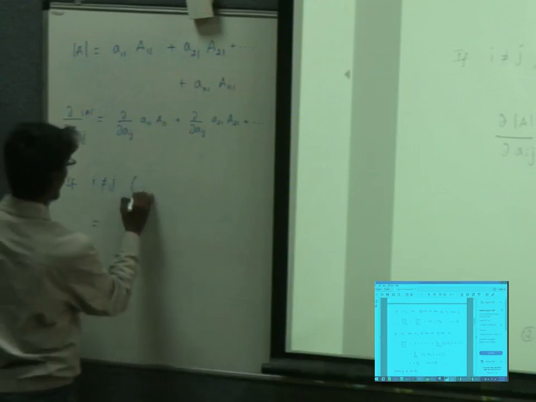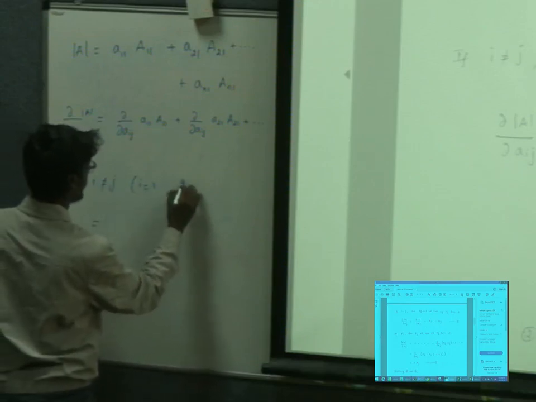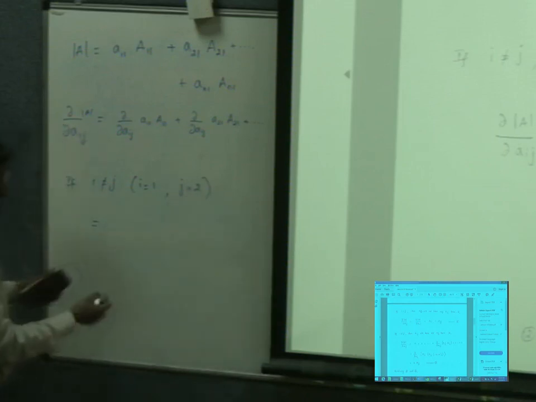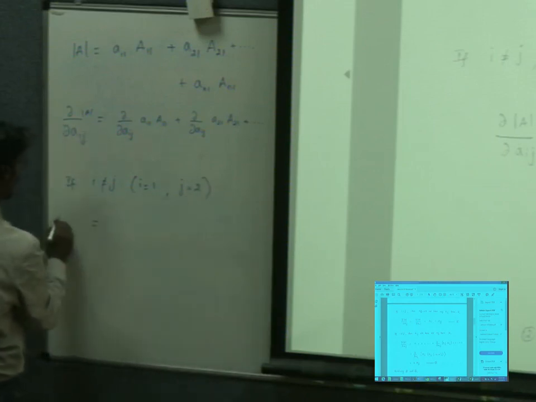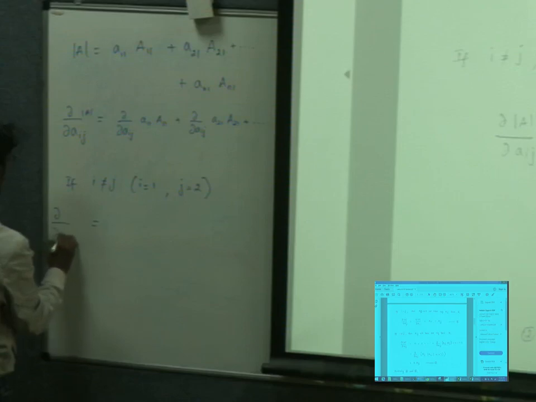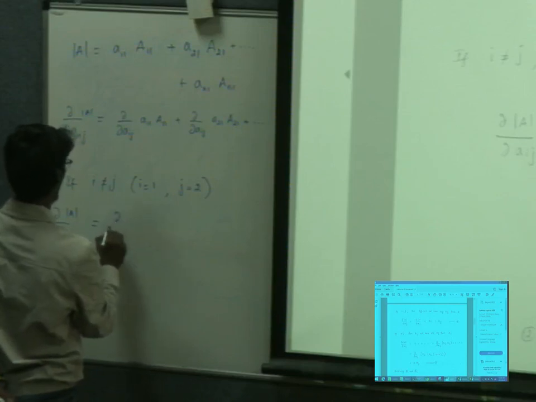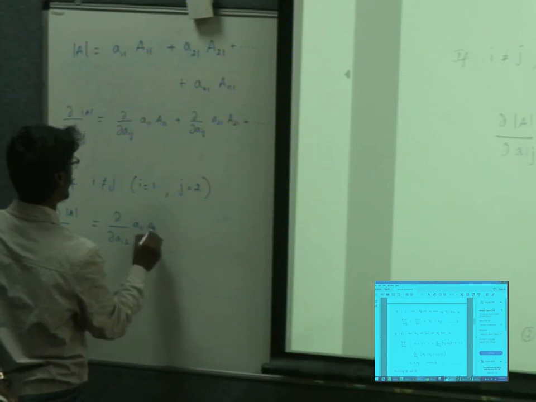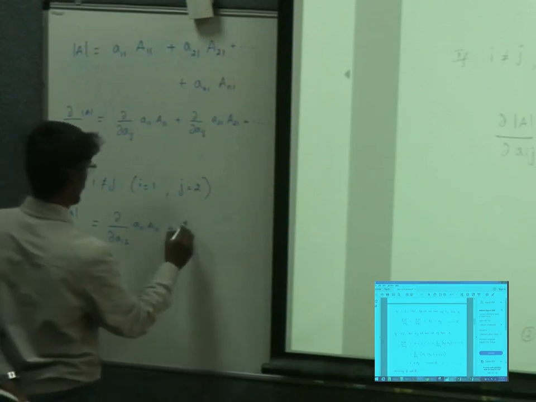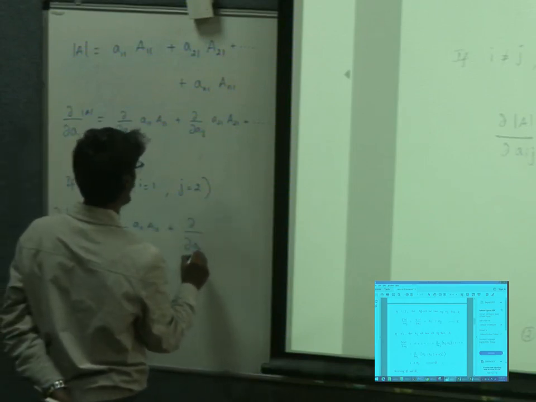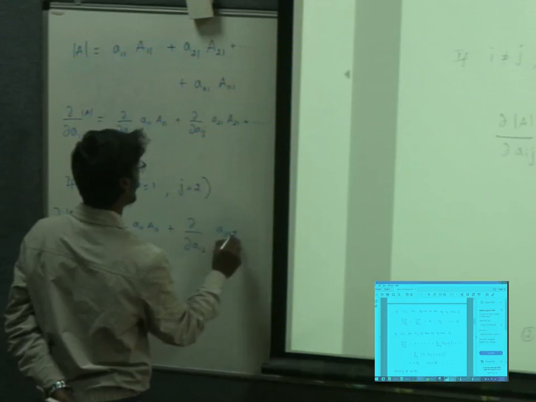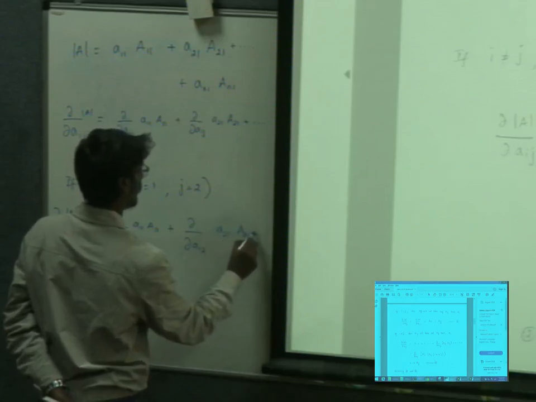Maybe i can be taken as 1 and j can be taken as 2, just for an example. Dou by dou a12 of the determinant is nothing but dou a12 into a11 A11 plus dou a12 into a21 A21 and so on.